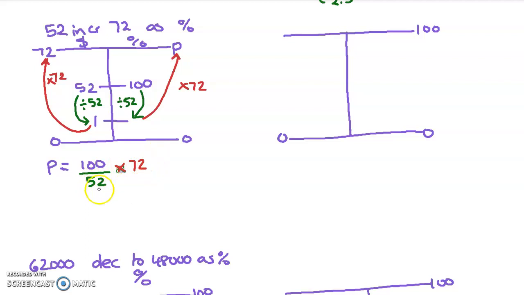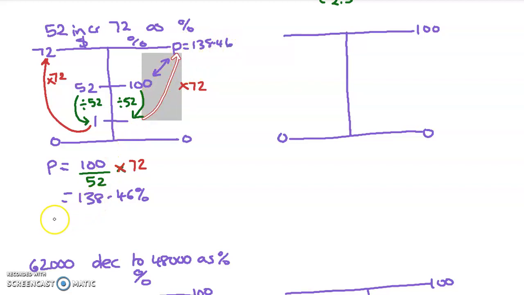So the scale factor here is 72 on 52, and that gets you an answer of 138.46%. So that means it's a percentage increase of 38.46% to go from $52 to $72.